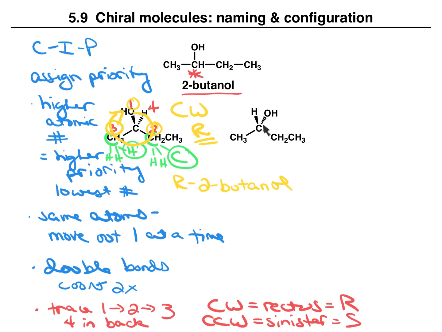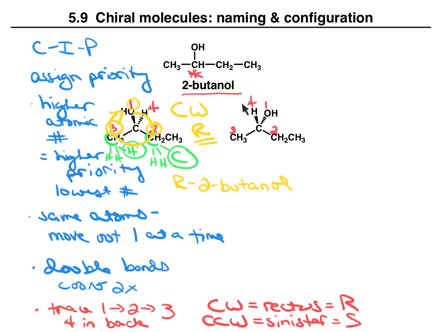Now, if we look at this compound, we can again assign priorities, and the priorities are the same because oxygen has the highest priority, ethyl will have a higher priority than methyl, and then hydrogen has the lowest priority. So now that we have our priorities, we need to trace 1, 2, 3 if 4 is in the back.